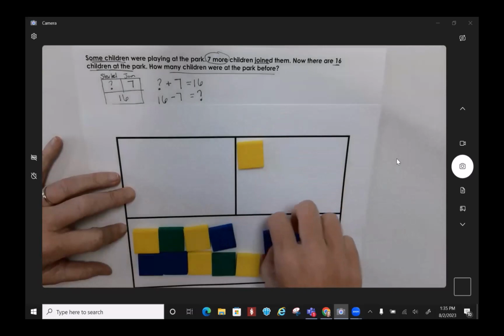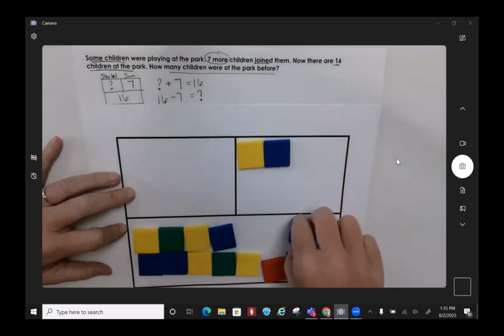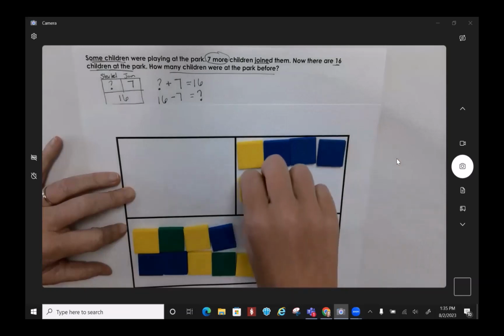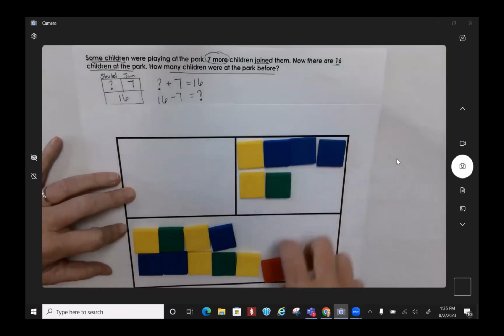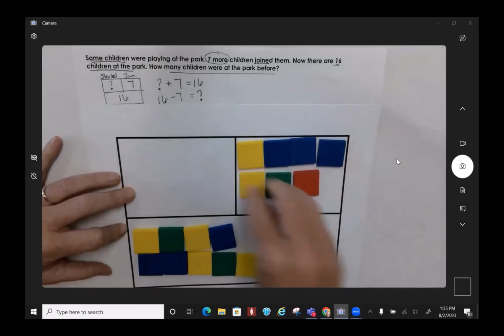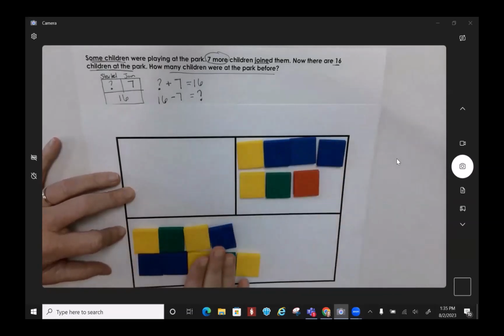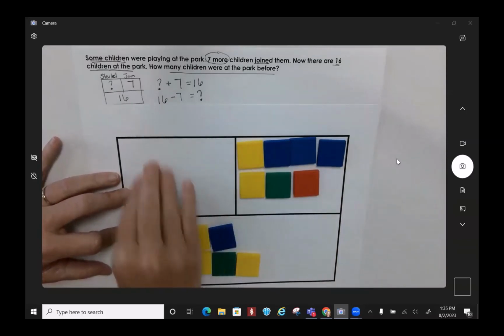So I'm going to move 7 kids up. 1, 2, 3, 4, 5, 6, 7. These are the kids that joined. Out of the 16 kids, that means the rest of those kids were the ones that were already in the park to start with before.